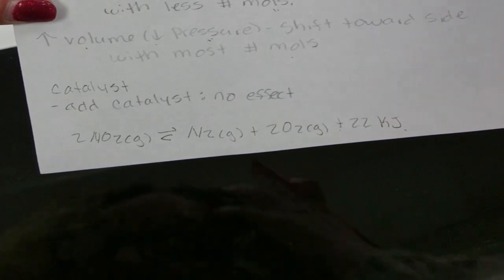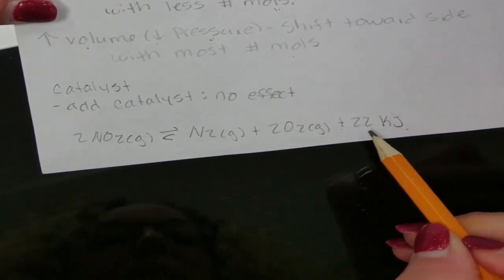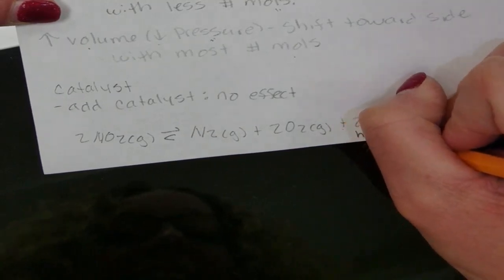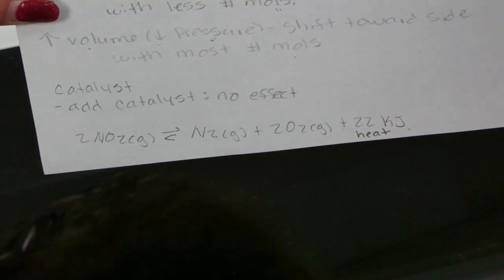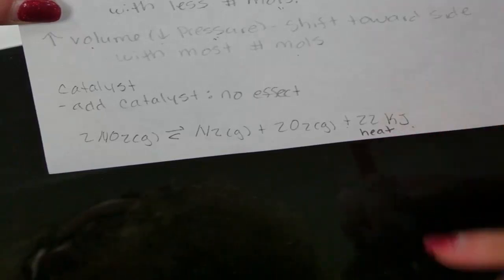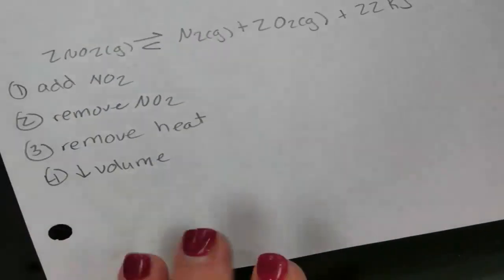Typically, in terms of a reaction, we measure it in kilojoules. All right, so I have 22 kilojoules. That is the heat. So in this reaction, we would say this is an exothermic process. Heat is being released. So let's do some practice examples with Le Chatelier's principle.